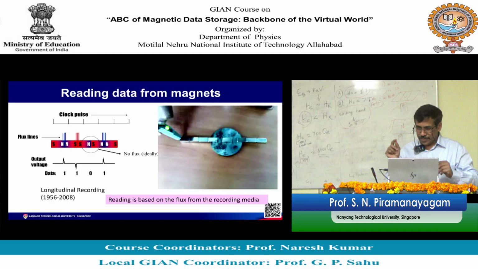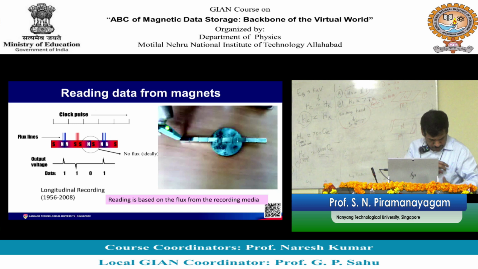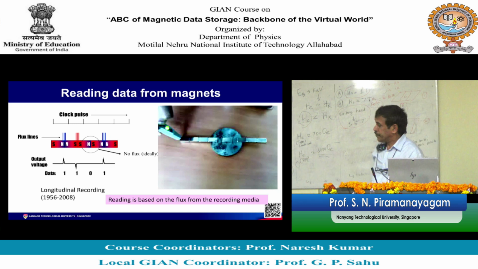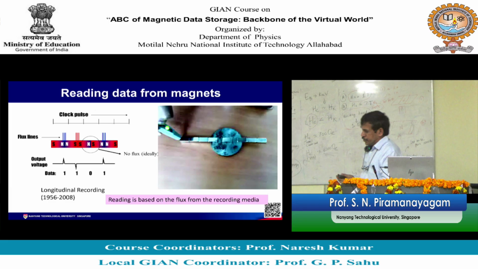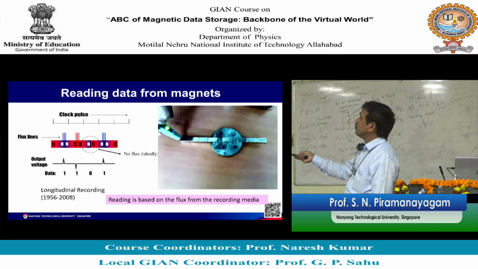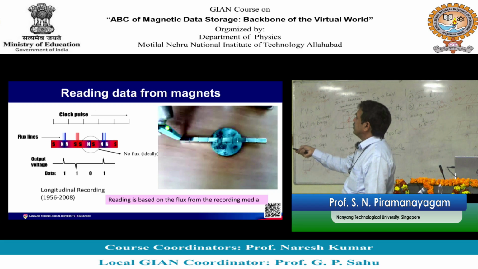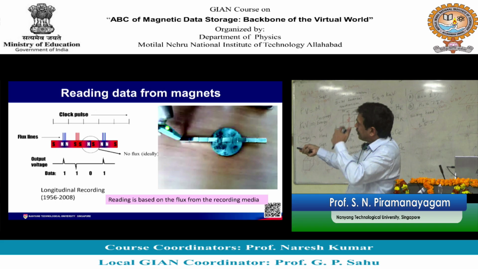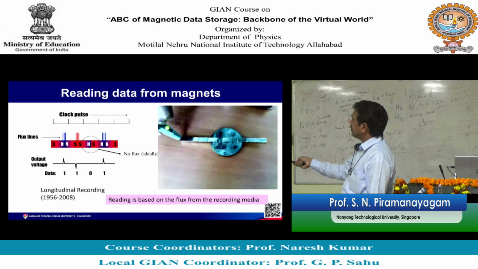I'll spend a few more minutes, then we will have a break. So I taught you the concept of how we read information. We have magnetic flux, and when the sensor goes over the magnetic flux line, the sensor converts magnetic flux information into an electrical signal. When we have an electrical signal within this clock, we call it 1, no signal, then we call it 0, and so on.